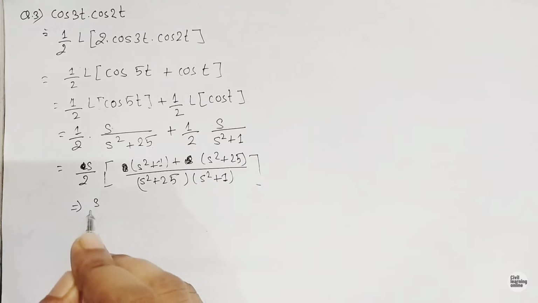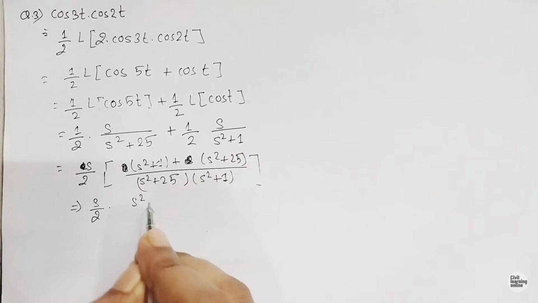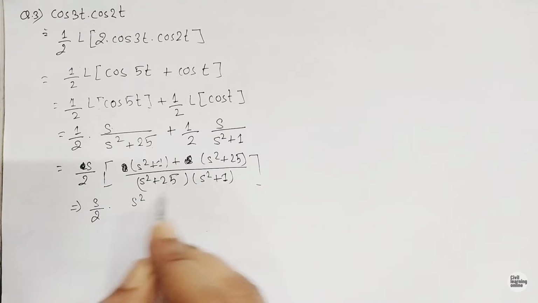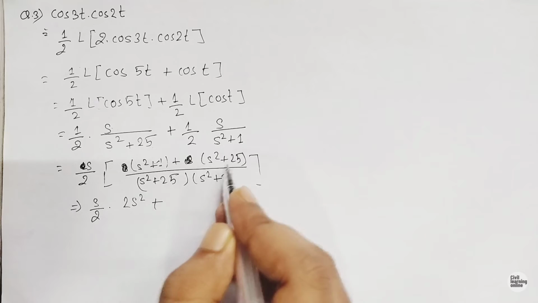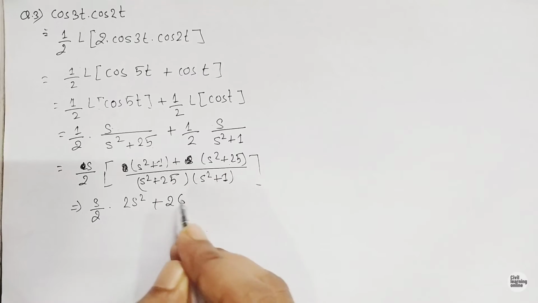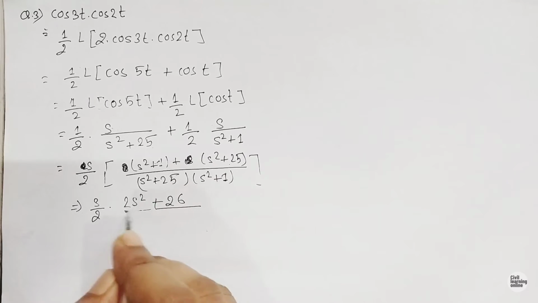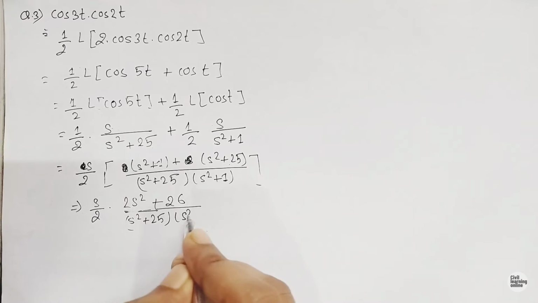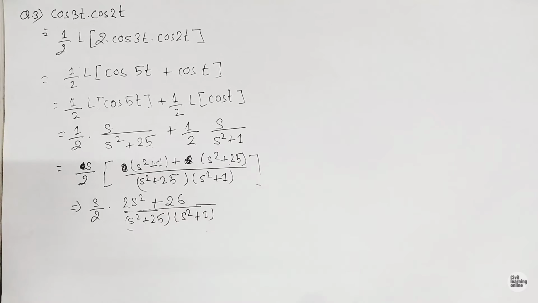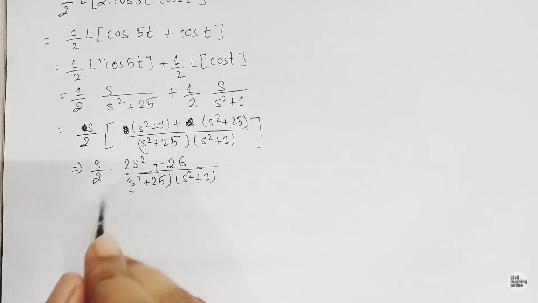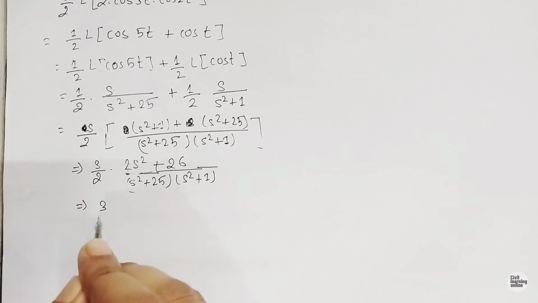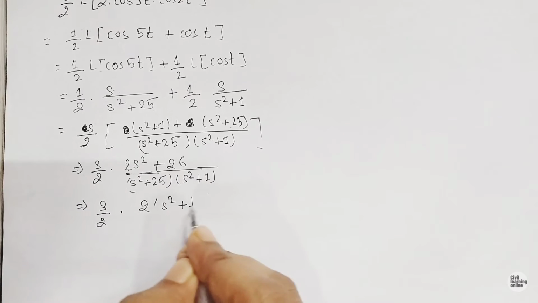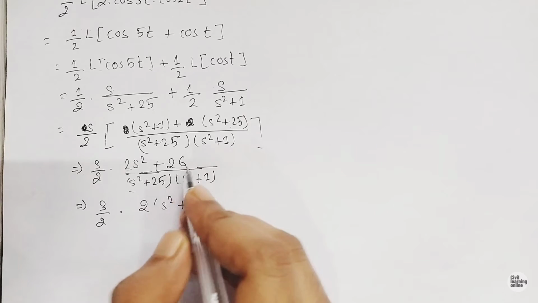So we will have here s upon 2 times s square, 2 s square plus 1 plus s square plus 25, means 2s square plus 25 plus 1 is going to be 26 by s square plus 25 times s square plus 1. Again, from these two terms we can take 2 common, so we will have here 3 upon 2 times s square plus 13, because 26 is 2 times 13.